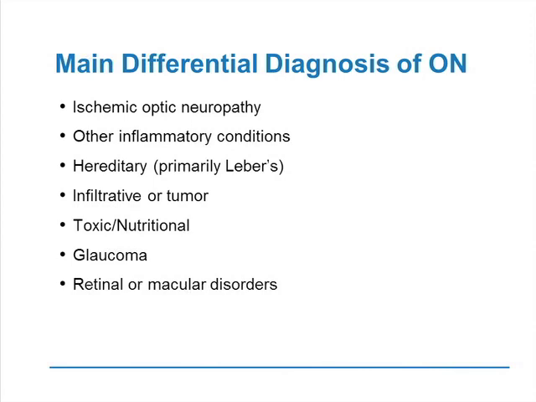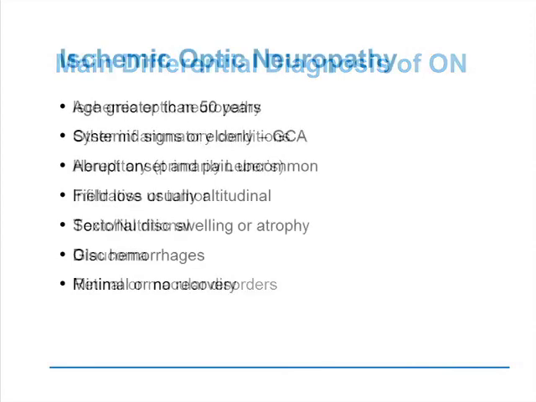Toxic or nutritional problems generally present as bilateral vision loss or bilateral optic neuropathies and typically progress over a more chronic time course. Glaucoma certainly can present as monocular vision loss with pain, and so that's an important entity to exclude using intraocular pressures. And certainly retinal or macular disorders can also present with findings similar to optic neuritis.